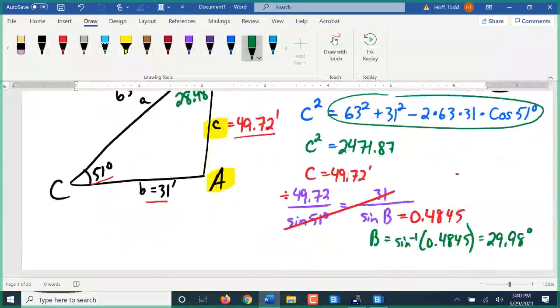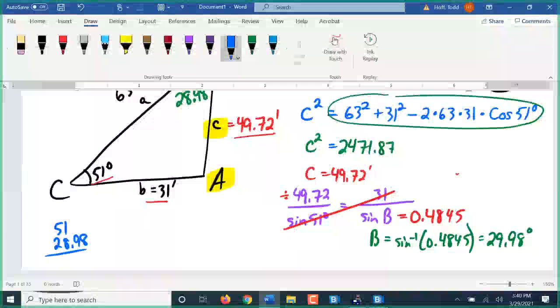Now to find angle A, I have to add together 51 plus 28.98. It was 29.98, thank you. 51 plus 29 is 80.98, is that correct?